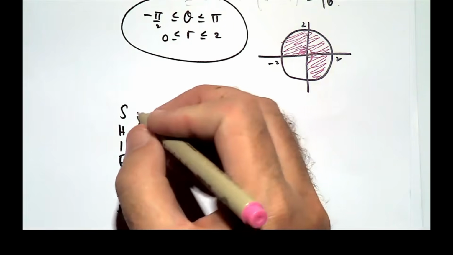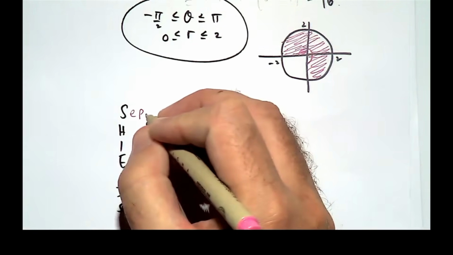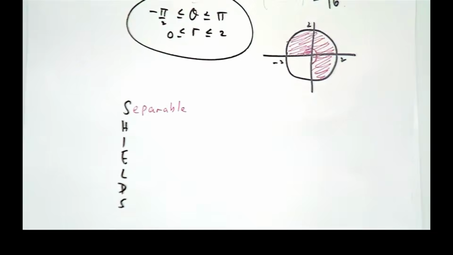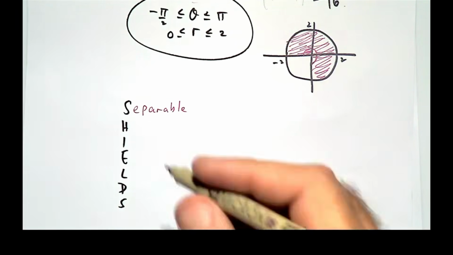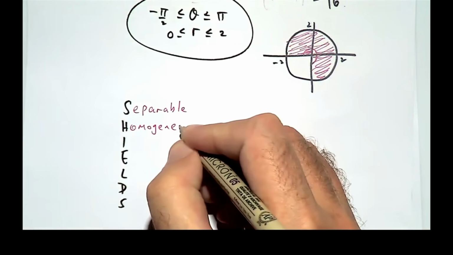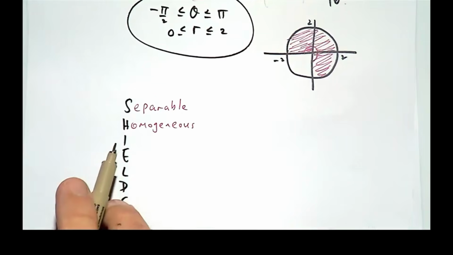So the S stands for separable. What do you think the H stands for? Yeah, homogeneous. All right, I'll leave the I alone for a second.